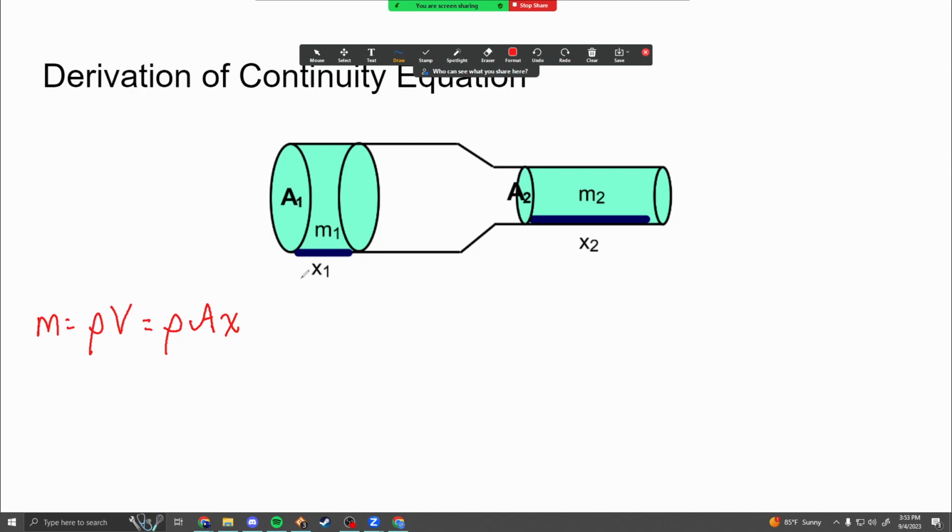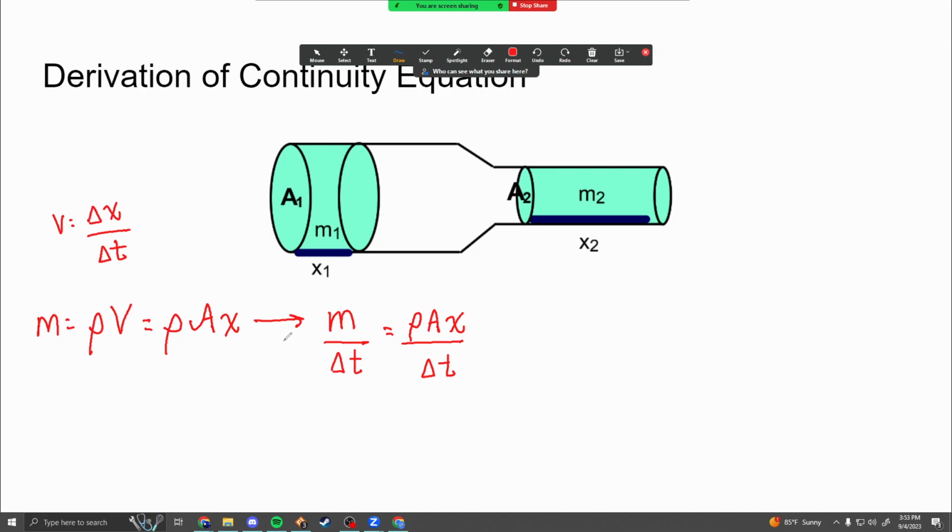Now, x here, I know this is some kind of displacement, and so if I think about displacement in terms of velocity, I know that velocity is equal to the change in x over some time interval. So this is a bit of a jump here. Let's say we have m divided by delta t is equal to rho A x divided by delta t.